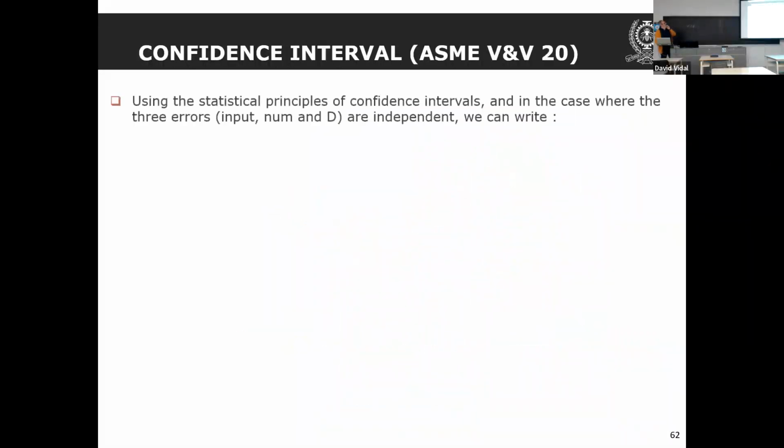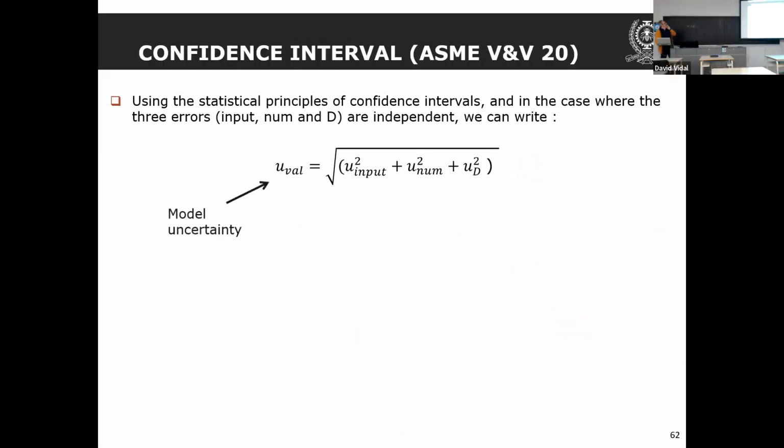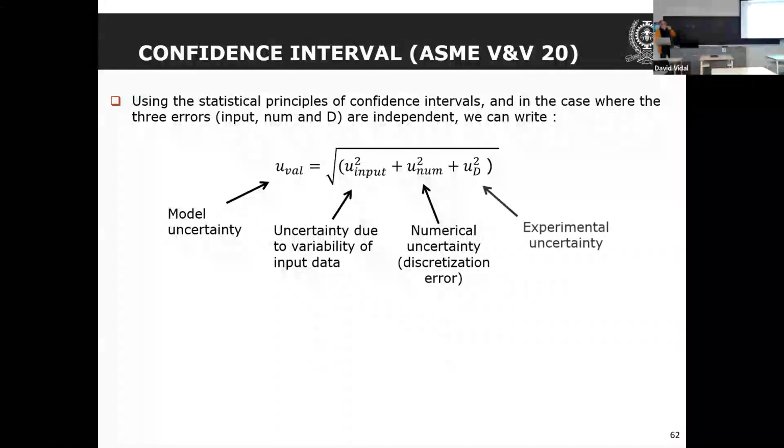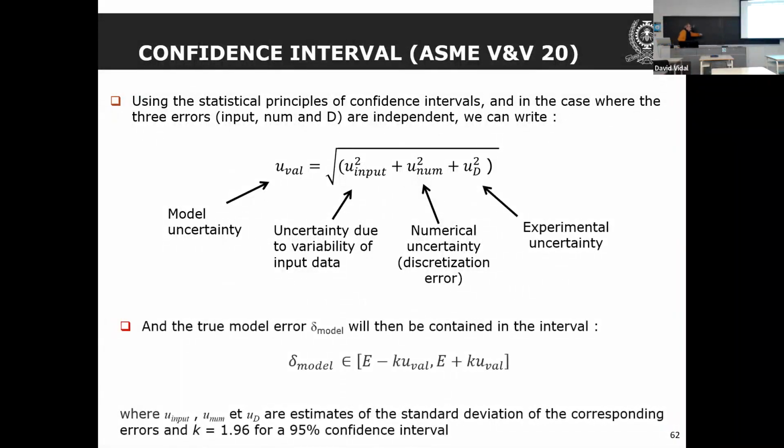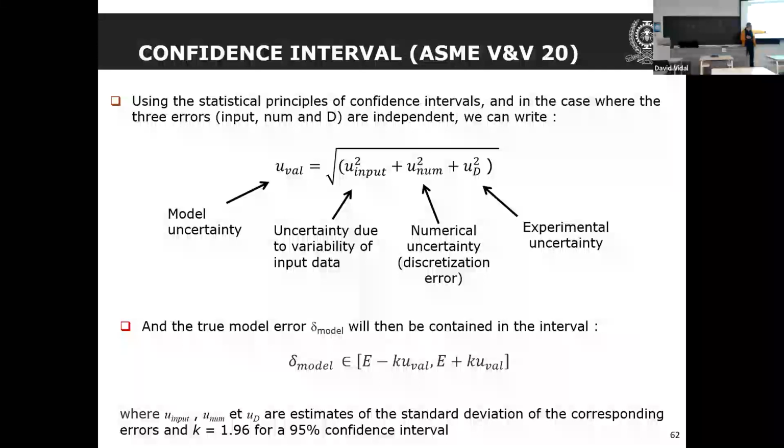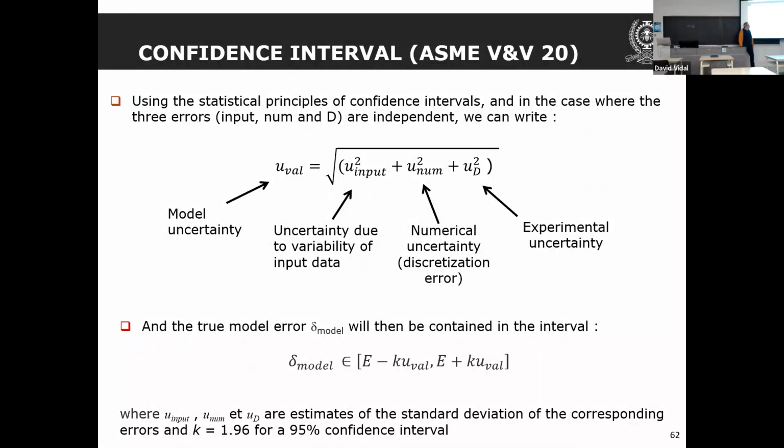I'm going a bit faster here now. So basically, in the end, you can get the error of the model here, and you can get an uncertainty range about the error of this model, which will be equal to the difference between your simulation and your experiments, plus or minus k times the overall uncertainty that is defined here.